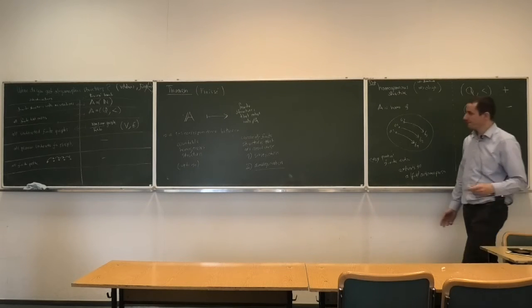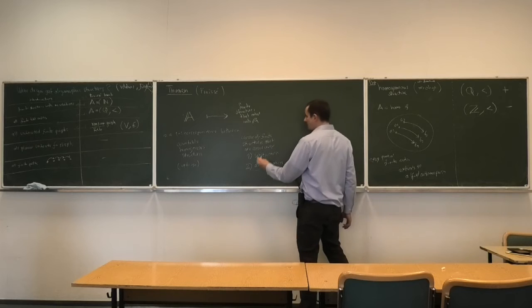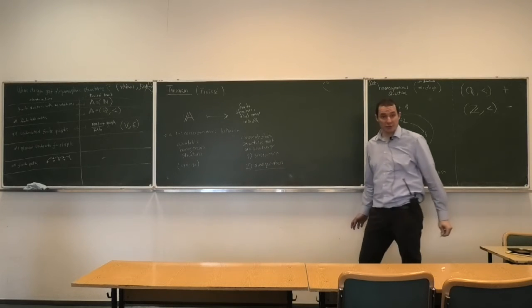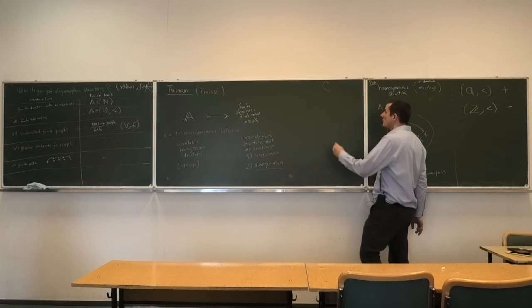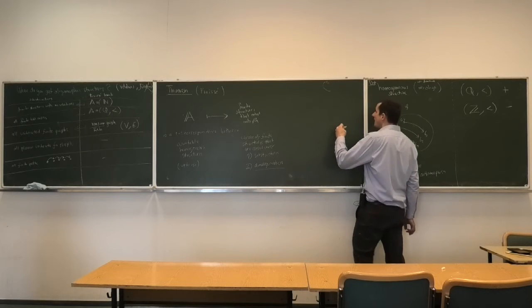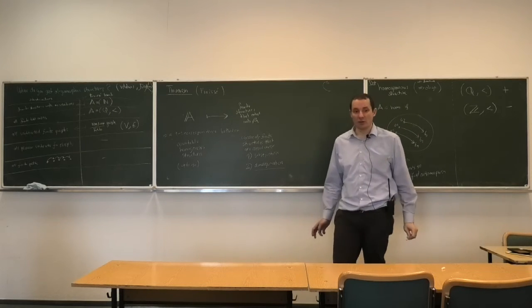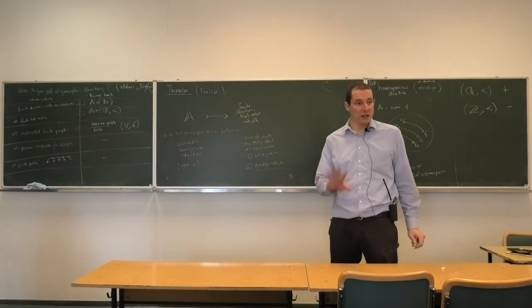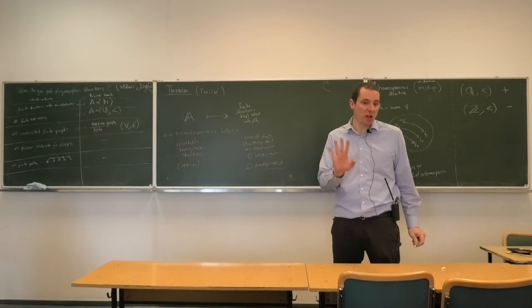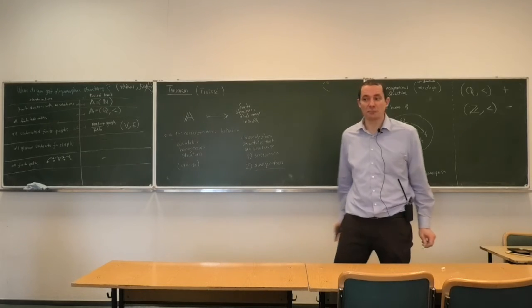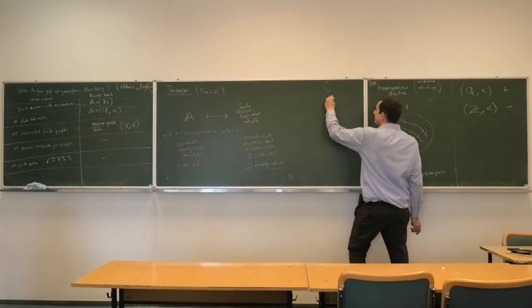I have a class C. This is a class of structures. And what does it mean to be closed under amalgamation? It means that I take, let me just do it for the class of, say, graphs. The class of finite undirected graphs is closed under amalgamation.